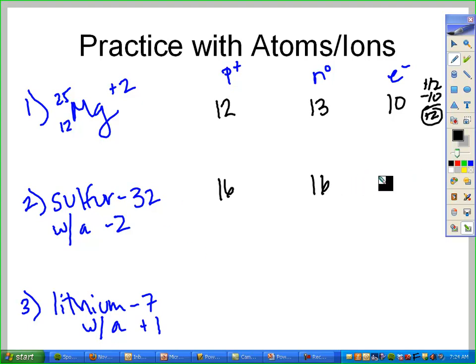And with a -2 charge, I need a surplus of electrons, so 2 extra. So I've got +16 and a -18 would give me a -2. And then finally, lithium 7, look that guy up on the periodic table, I get 3. Add 3 to 4 to get 7 for lithium. And then a +1 charge means I'm going to have 1 less electron than proton. So I'm going to have a +3 and a -2 gives me an overall +1.